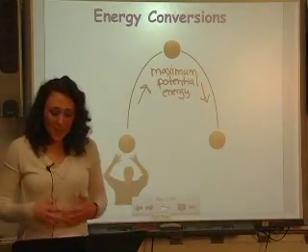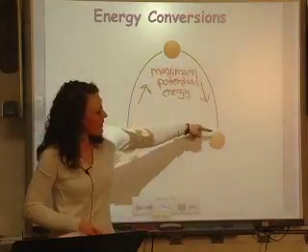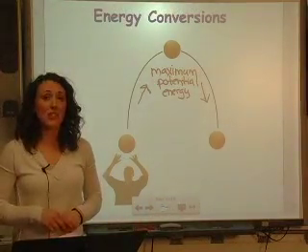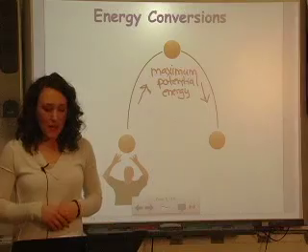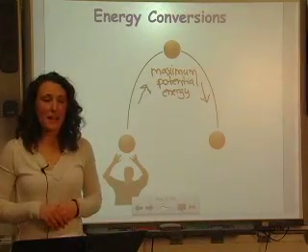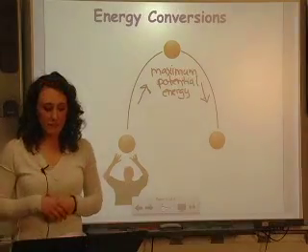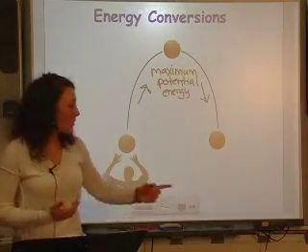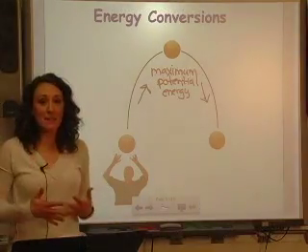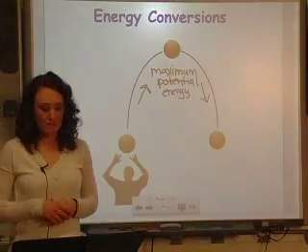When the ball begins to fall, this part of the arc, as it gets closer to Earth's surface, its potential energy decreases, but it is speeding up at the same time. Therefore, its kinetic energy is increasing. When you actually catch it, it has reached its maximum kinetic energy.